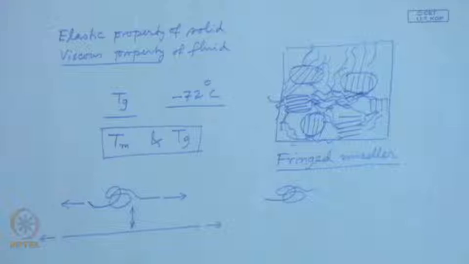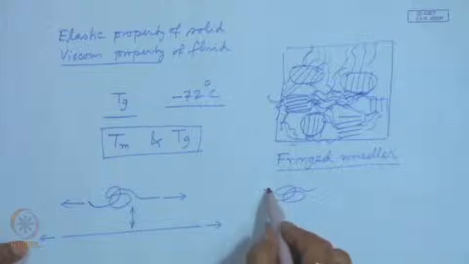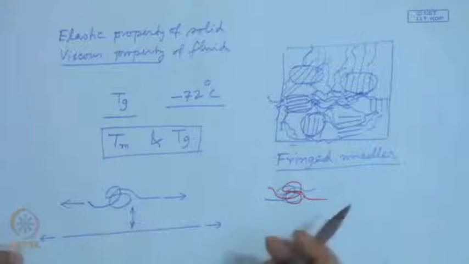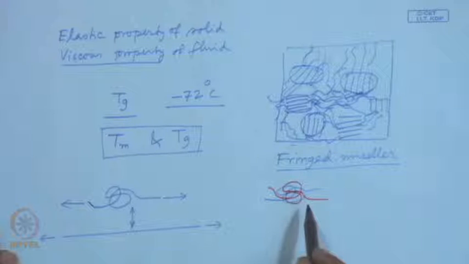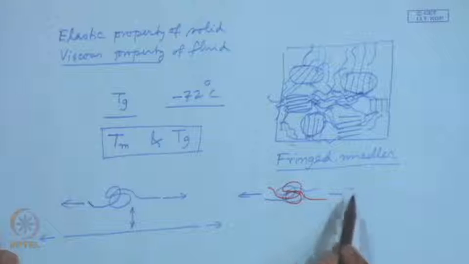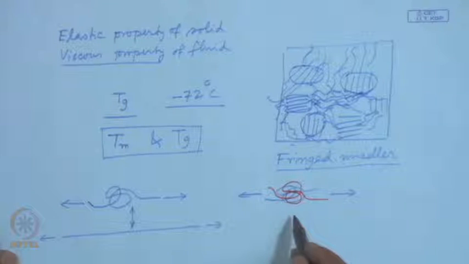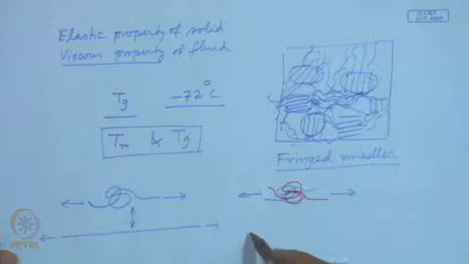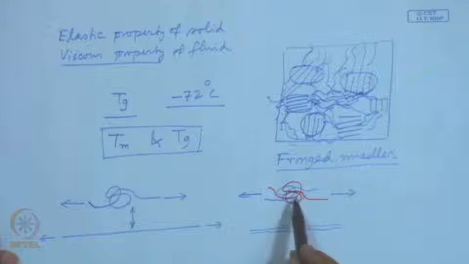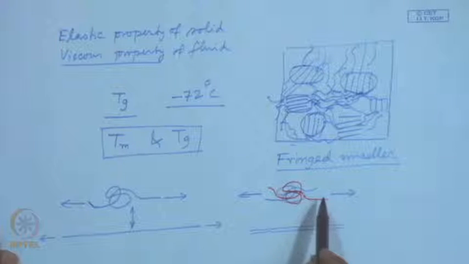So, this is one molecule and this is another molecule. This shows an example of entanglement of two molecules. Now, when such tensile load is applied, what can happen in this case? These folded segments can be unfolded. During such unfolding, what happens? Slippage of these segments one over the other occurs.